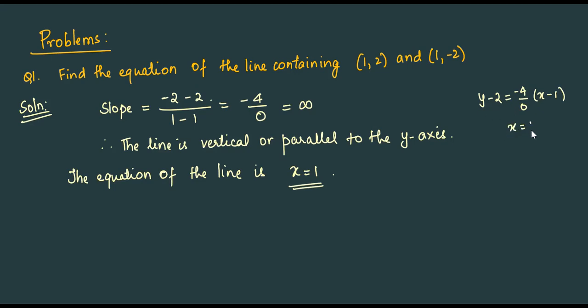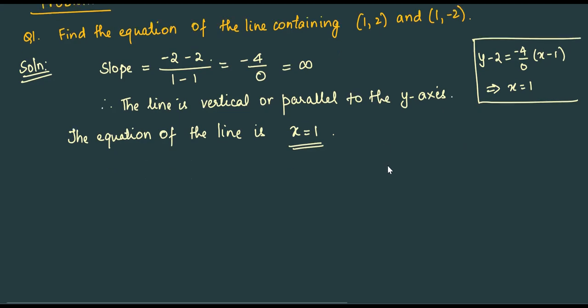So from there, you get x - 1 equal to 0. Find the equation of the line containing (1, 2) and (1, -2).